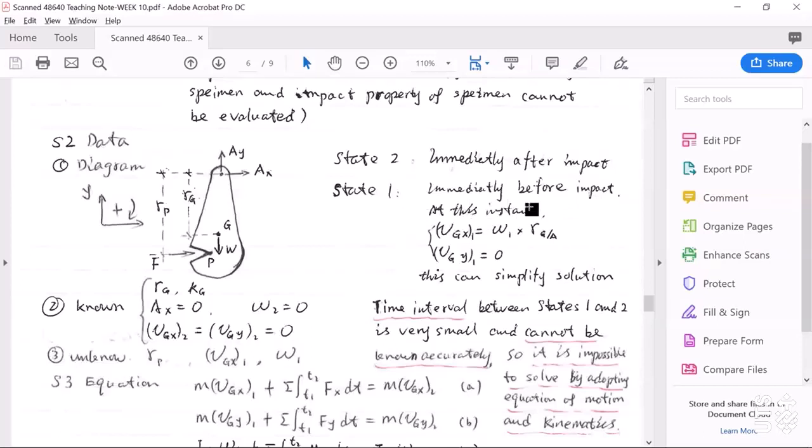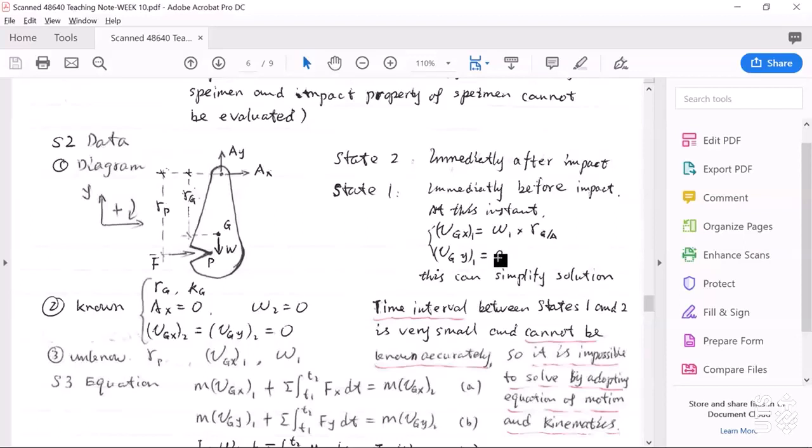At this instant, the pendulum is already vertical. Vgx can be expressed using omega 1 times the distance from mass center point G to A. And Vgy at this instant must be 0. Why?